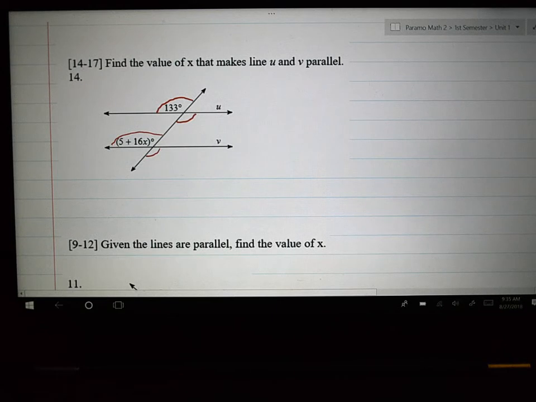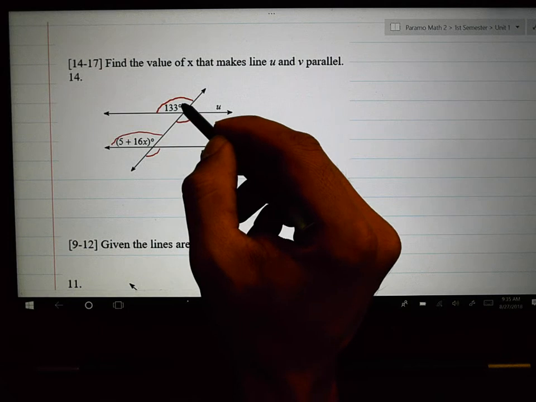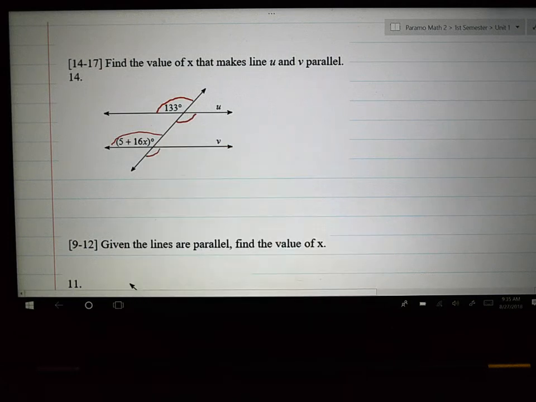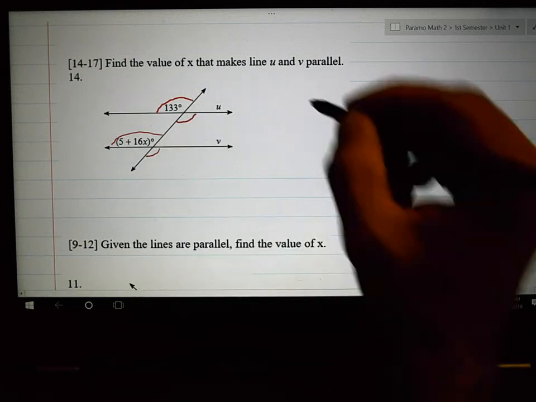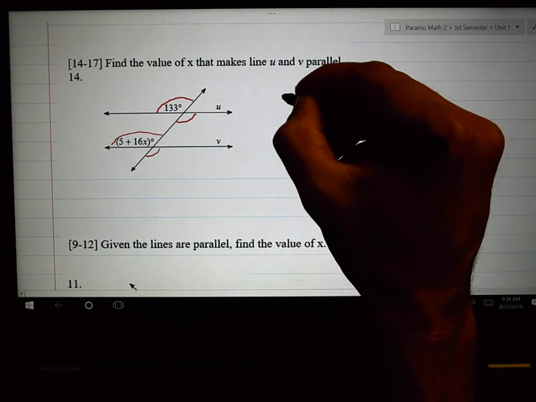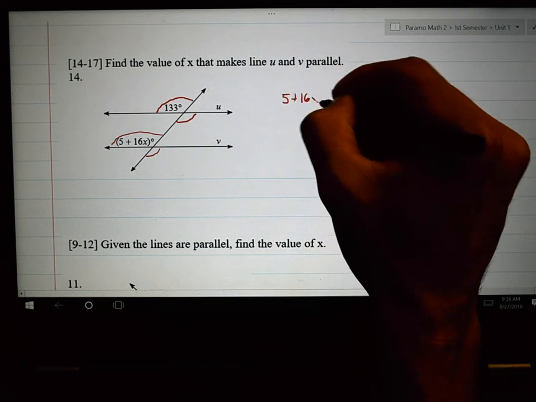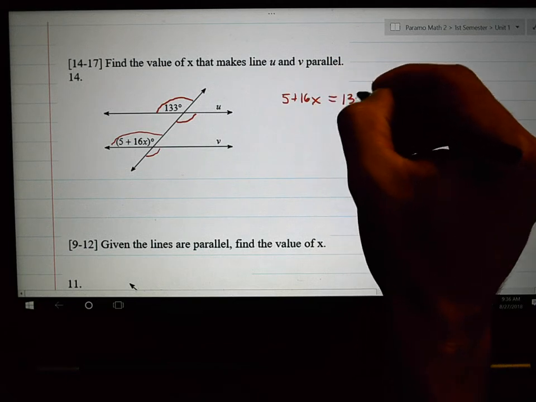If you said that they are the same, you are correct. What does that mean? This 133 is equal this time to 5 plus 16x. That means your equation is 5 plus 16x equals 133.